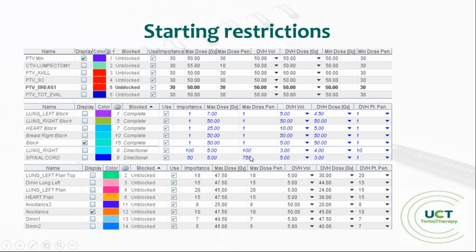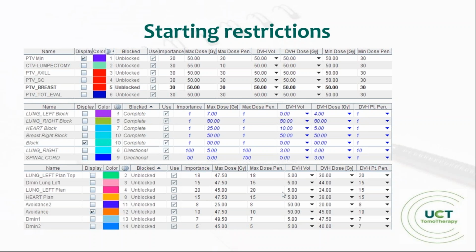For example, for spinal cord, I needed to achieve a dose less than 8 gray, so I try to do this. And this is what I set for my structures where I performed planning.